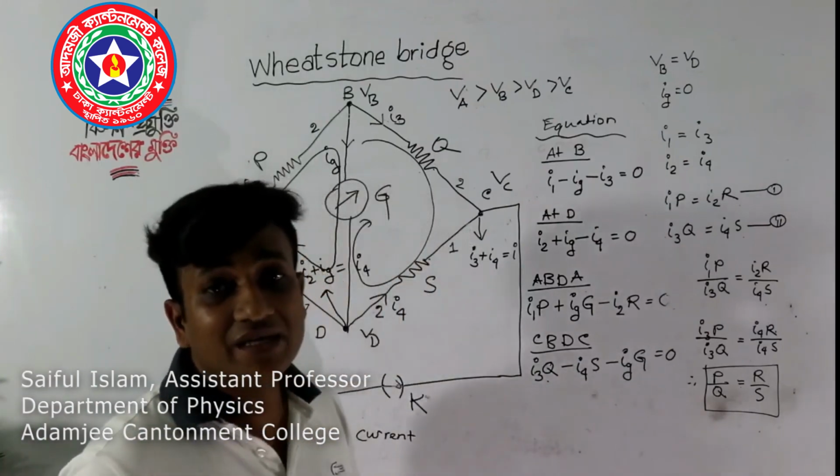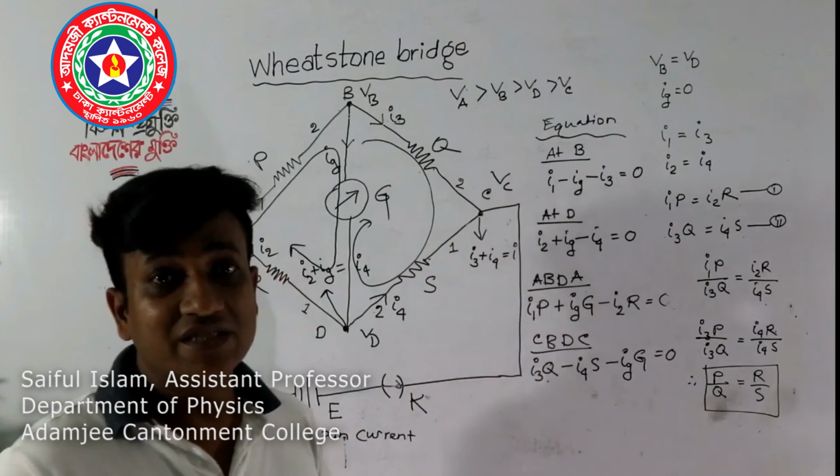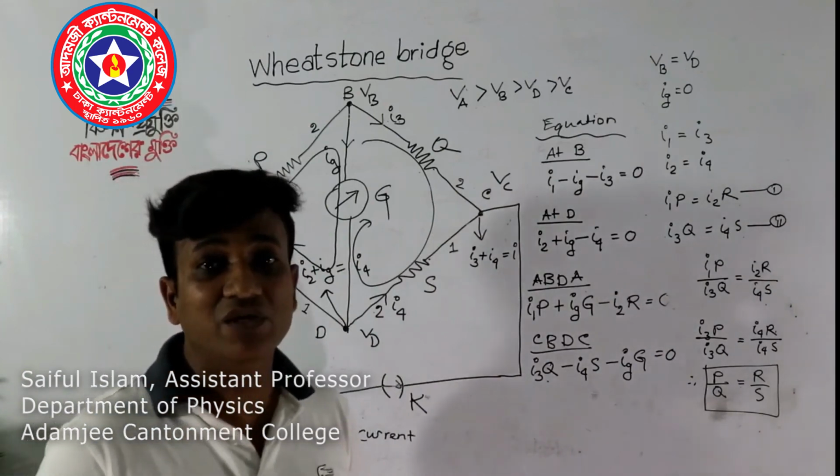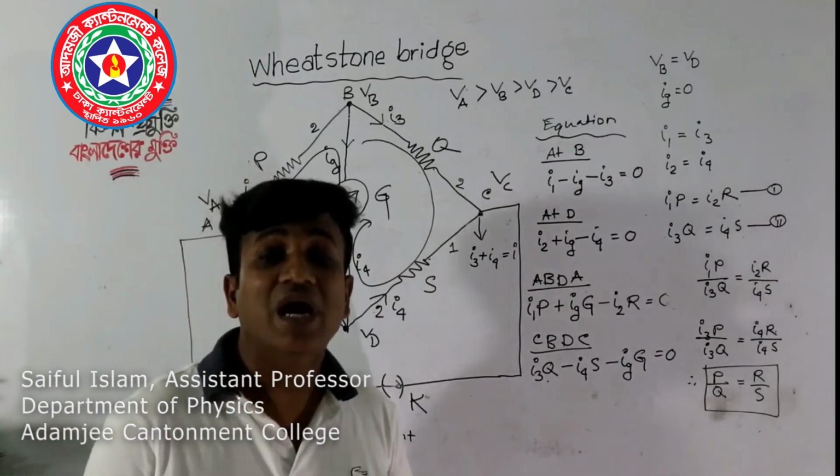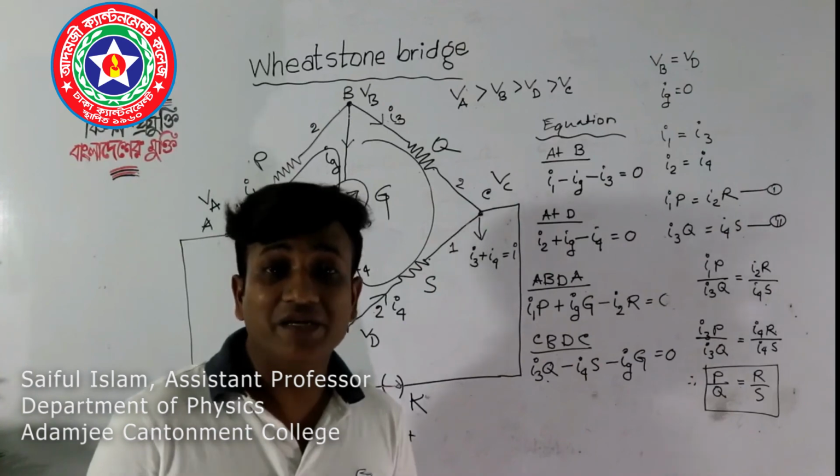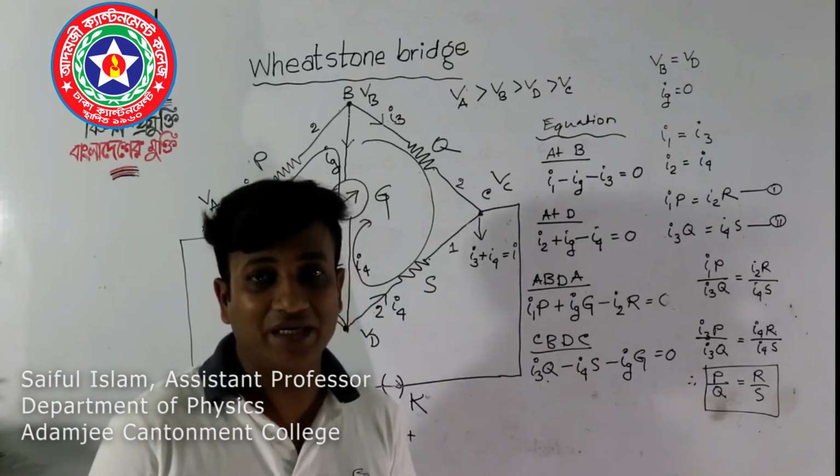Finally, this is the balance condition: P divided by Q equals R by S.